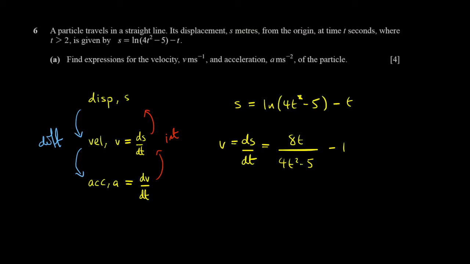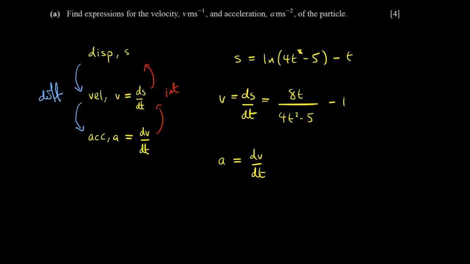Then if we want to find a, we need to differentiate velocity, which means differentiating this expression here. In order to do that, we need to use the quotient rule. The quotient rule is used when we've got one function divided by another function.